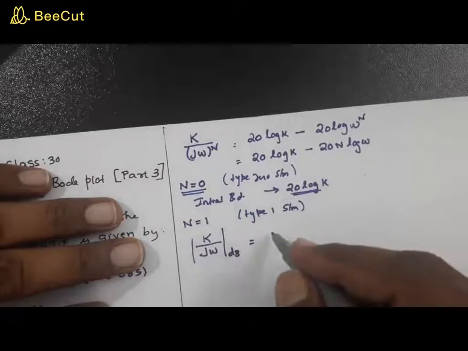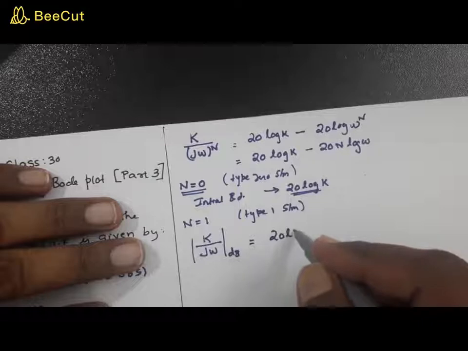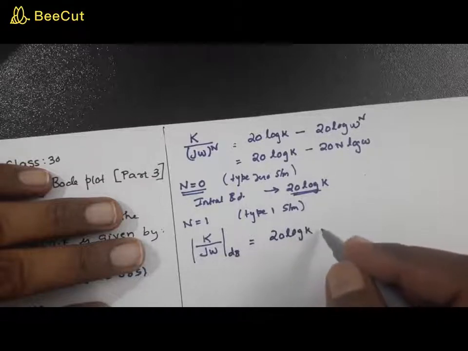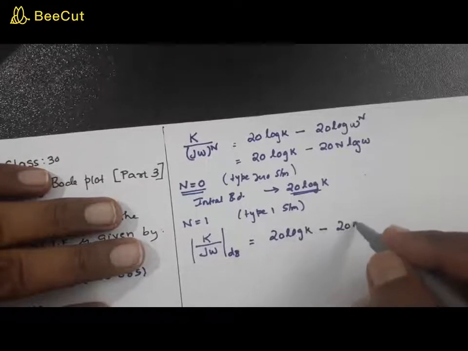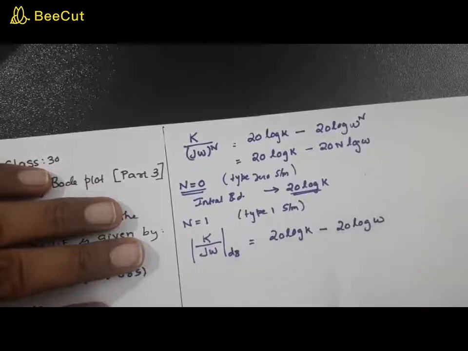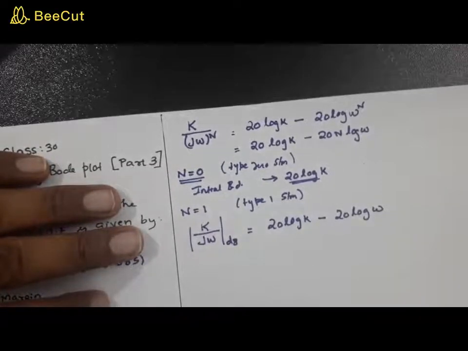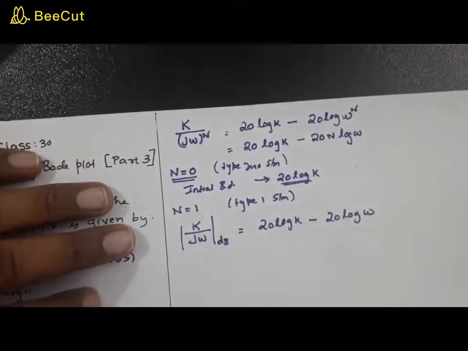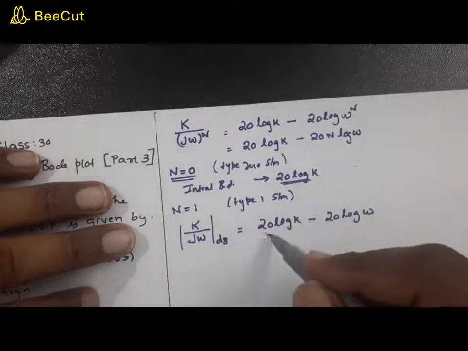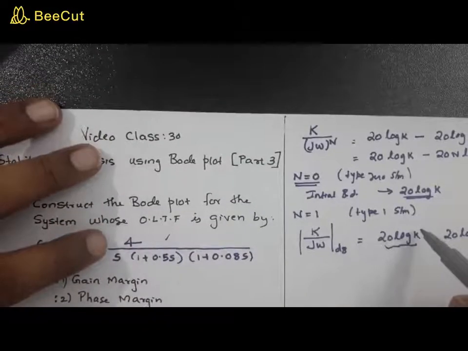This is equal to 20 log k minus 20 log omega. This is actually the magnitude plot. So this is having a fixed value if k is known. So in this problem, k is equal to 4.